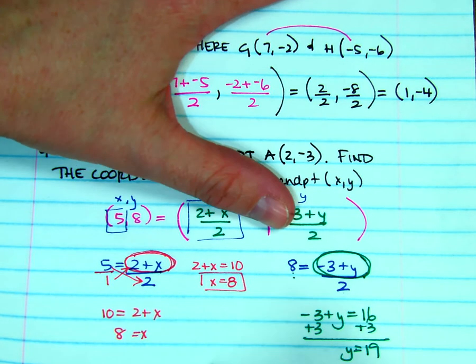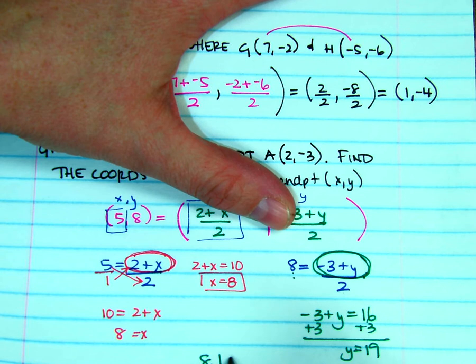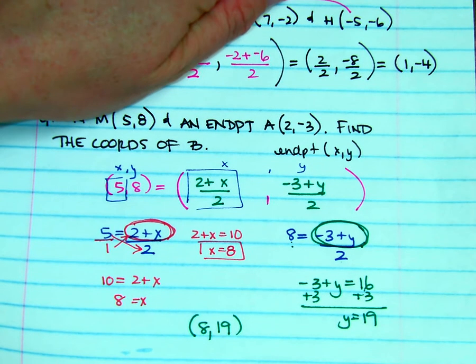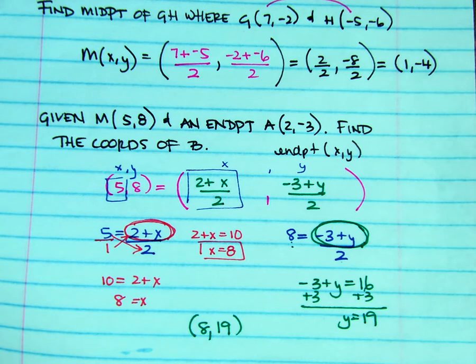So the missing endpoint is the ordered pair 8 and 19. And that is it.